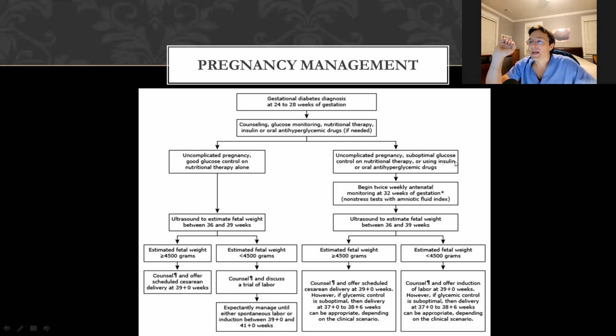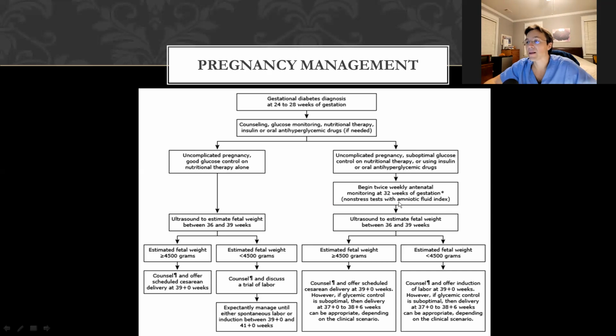If you have an uncomplicated pregnancy and suboptimal glucose control, right, we said above 20 to 30% of our desired level, and patients being on insulin or oral anti-hyperglycemic drugs, then on top of our regular ultrasound at 36 and 39 weeks, we will do additional screening and monitoring at 32 weeks gestation. We can do a non-stress test, along with fetal Doppler and fetal ultrasound.